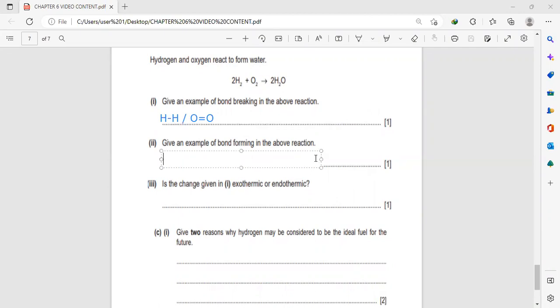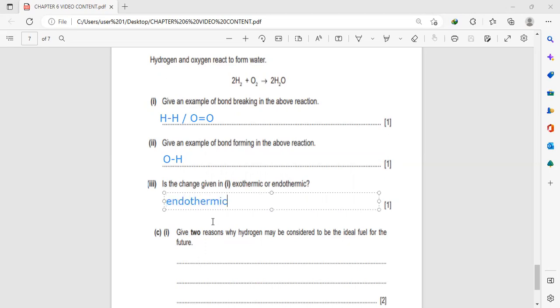Here the product is water, so the bond forming is OH. Otherwise, you can write bond formed between hydrogen and oxygen. Is the change in one exothermic or endothermic? Answer endothermic, because bond breaking.